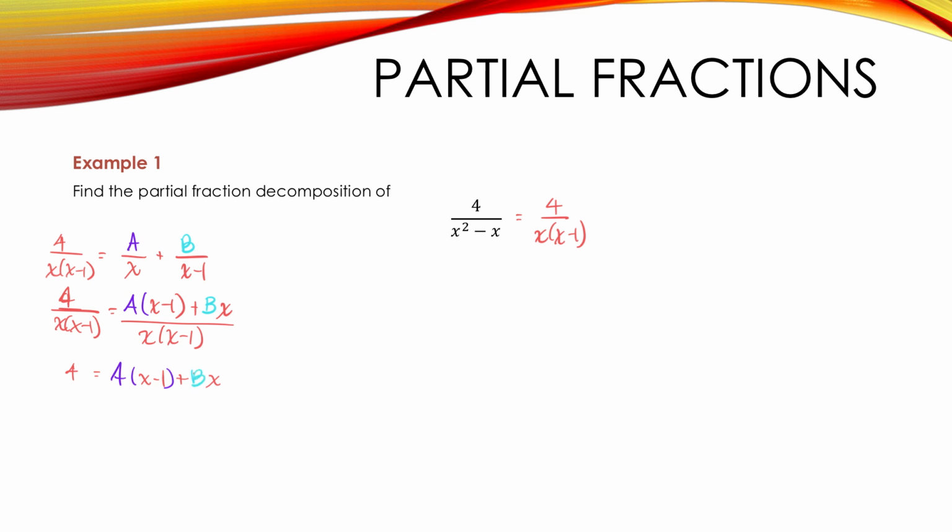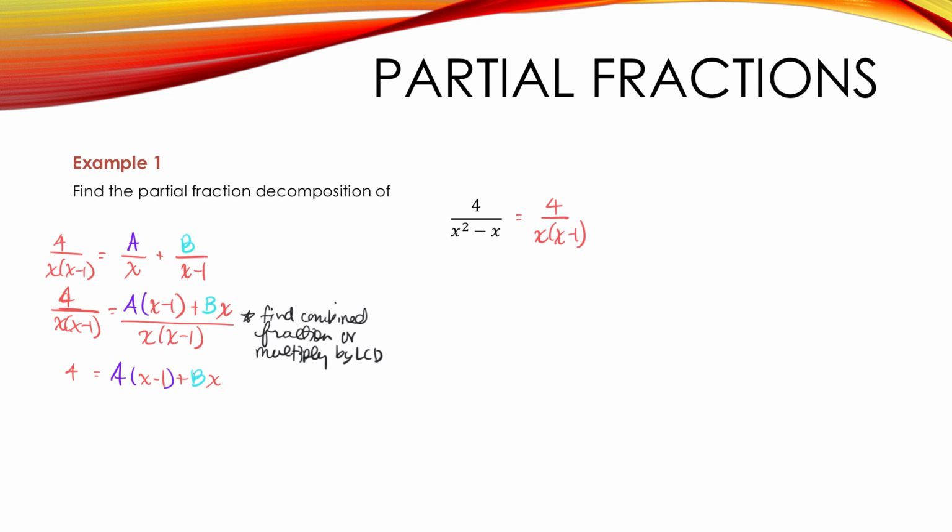right? And the way these go together then is we're going to do something called equating coefficients. So we're going to talk about equating coefficients, but first let's simplify. So here we could either find the combined fraction or multiply by the lowest common denominator.